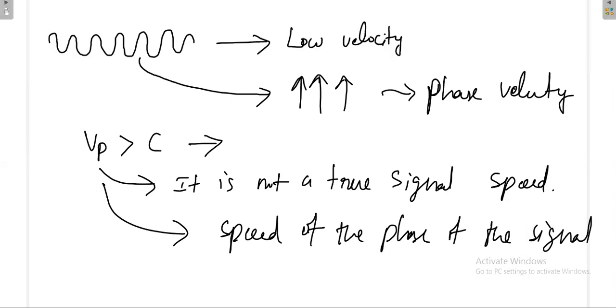What is our conclusion now here? When f is greater than fc, phase velocity is greater than c.